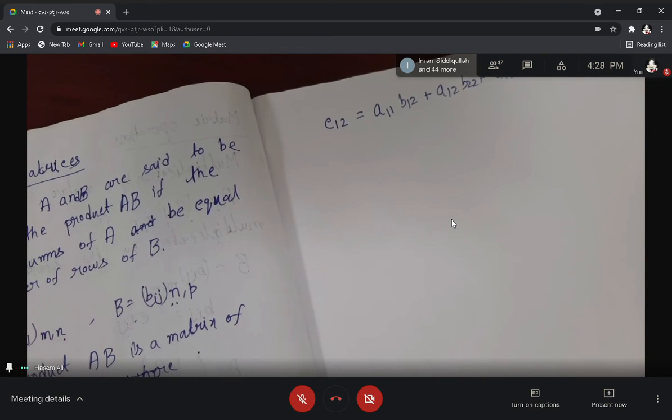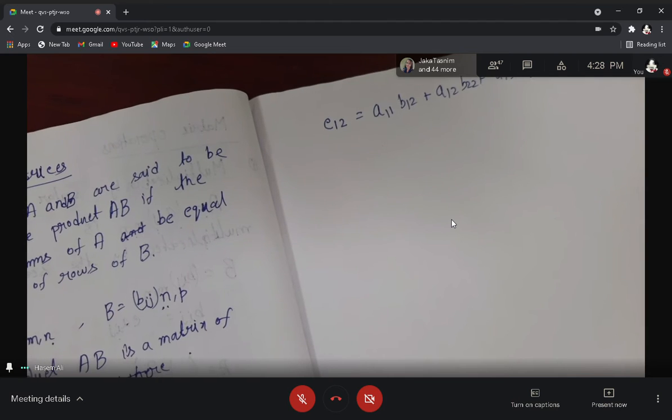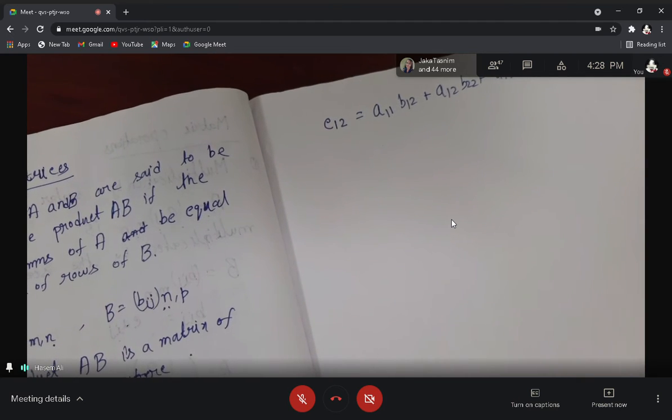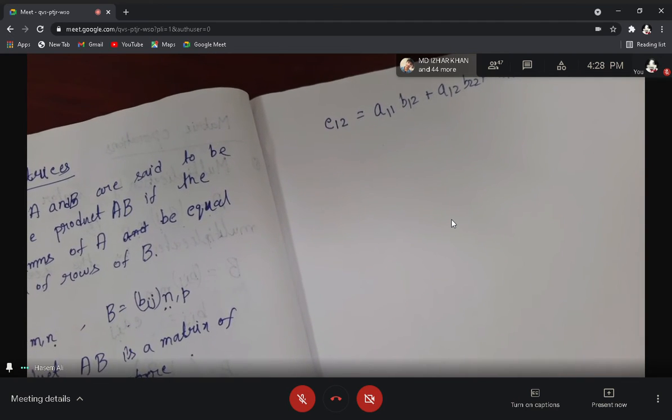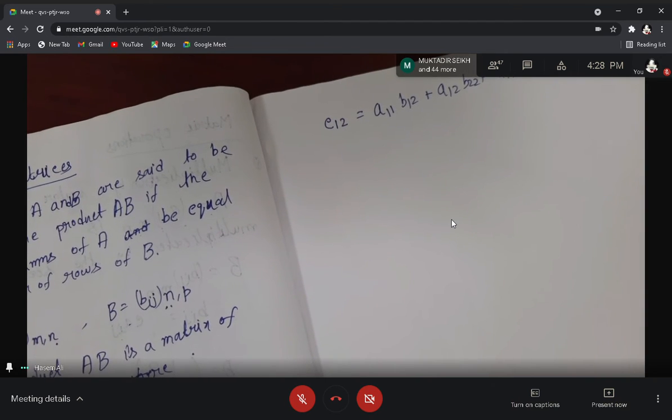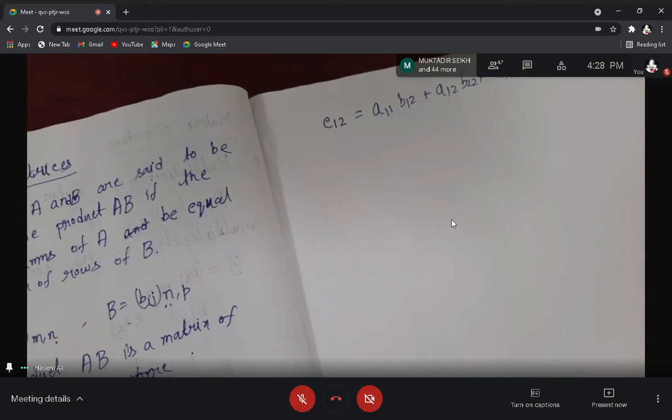Now, the most important thing: AB and BA will not be the same for matrix multiplication. AB and BA in general will not be the same.